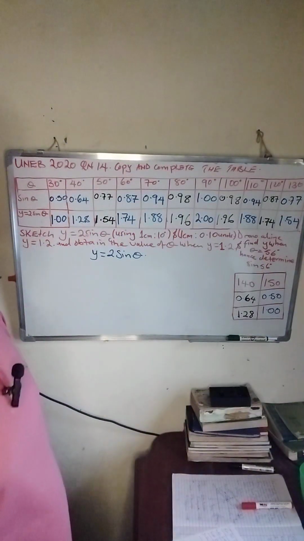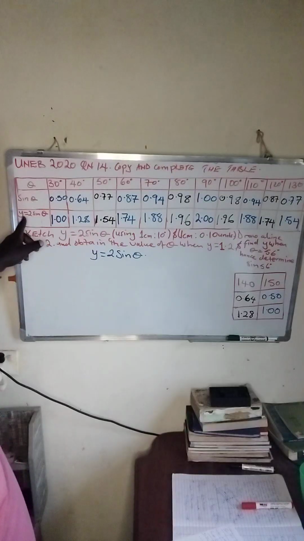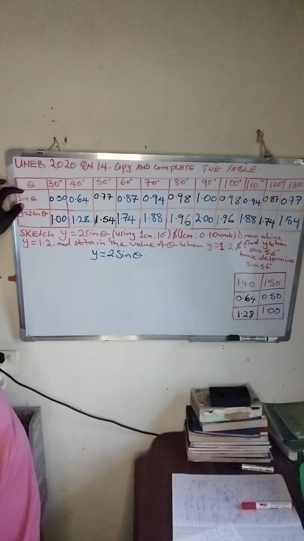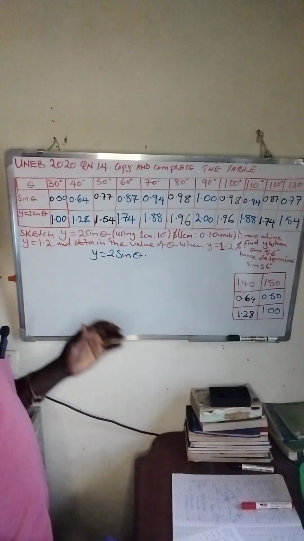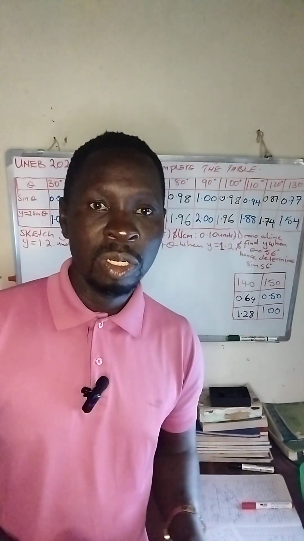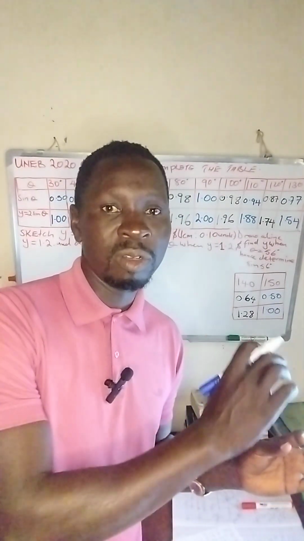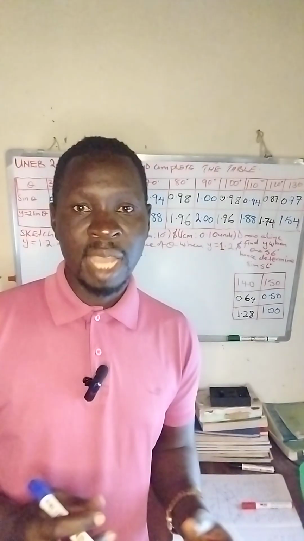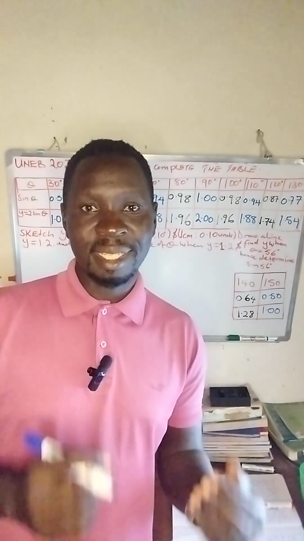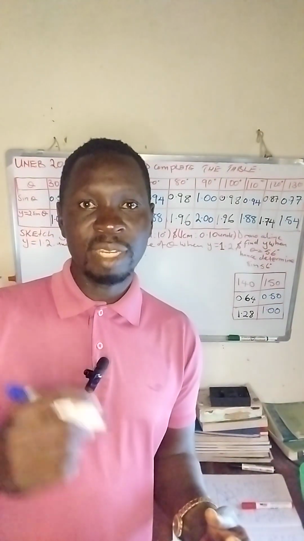Now, for information, the reason why we took it at the same arrangement is because we are having y is equal to 2 sine theta, and here we are having sine theta, meaning it would have been a bit tiresome if we first took the first row and completed all values of sine theta, and then came back to handle y is equal to 2 sine theta.